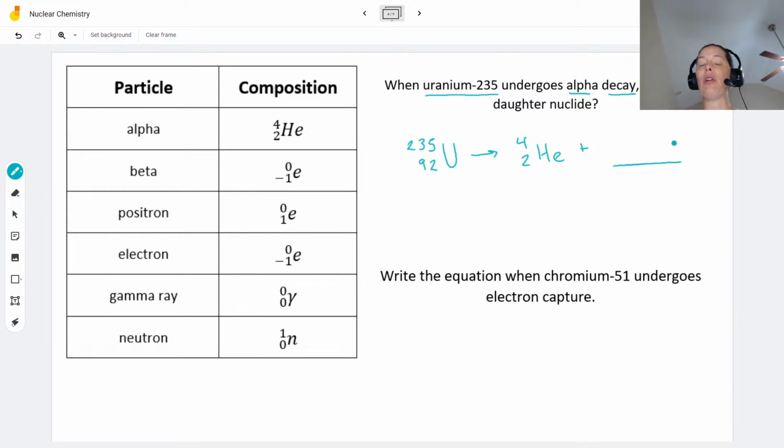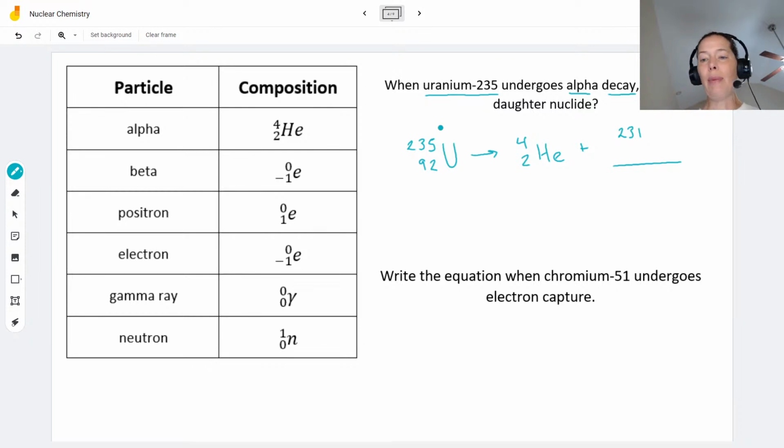And again, remember, your numbers need to be equal on reactant side and product side. So what I need is 235 here to equal 4 plus something. Well, this has got to be 231. So now I have 231 plus 4 is 235. And of course, I only have 235 on the reactant side. So those are equal. So that's great.